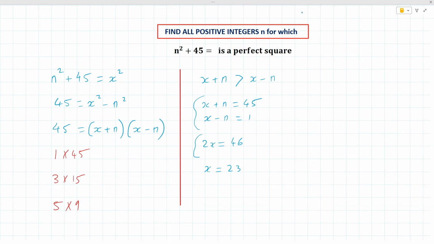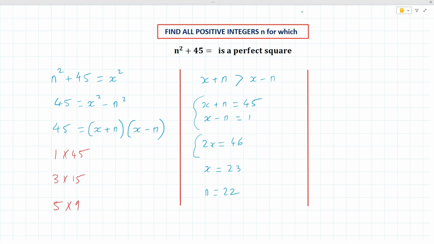And if x is 23, what does that give us for n? Well, we know that x minus n is equal to 1, so n would be 22. That's a solution we didn't see from just looking at the problem, so that's a good one to add in.